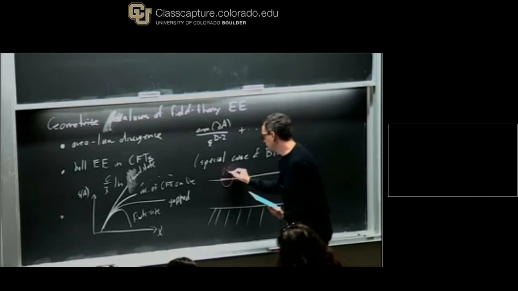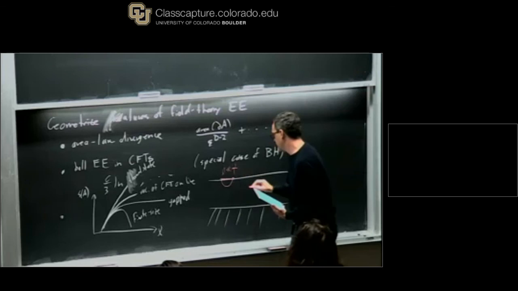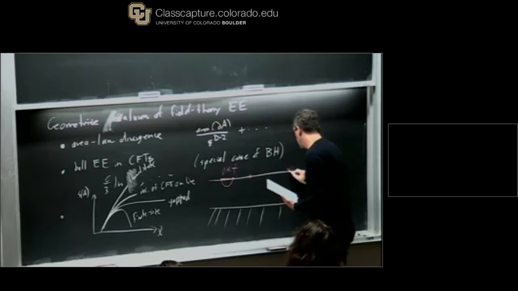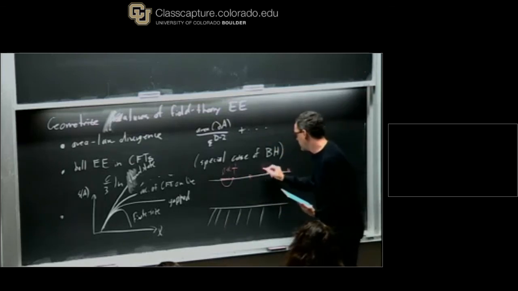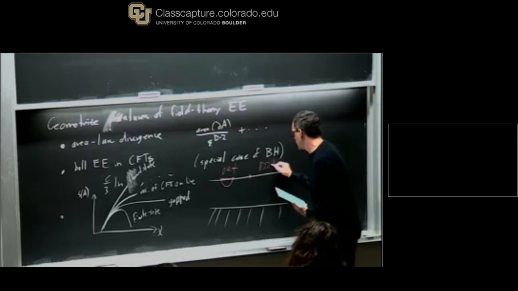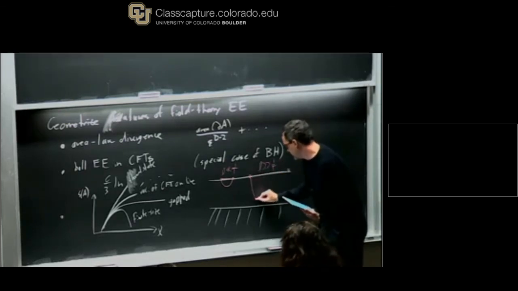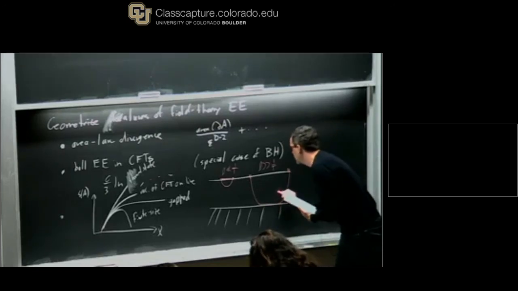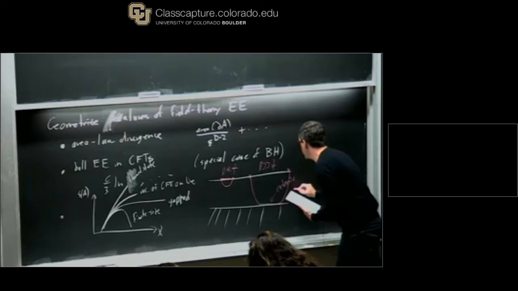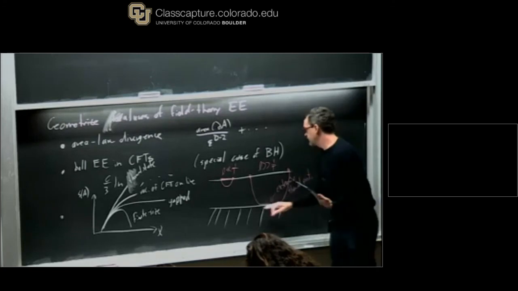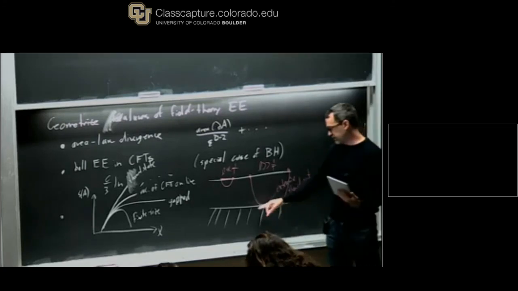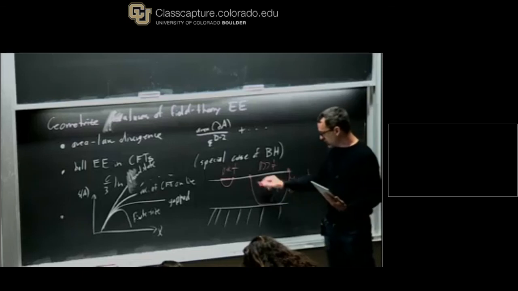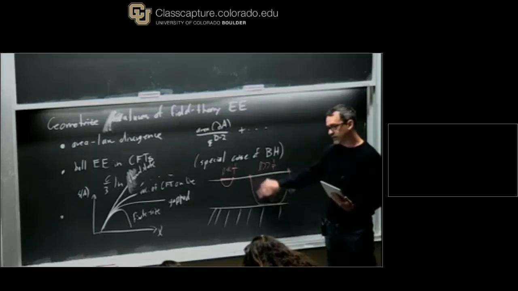So this is L much less than 1 over T. But if it's large, then it goes down and hugs the horizon. And so you get this extensive thermal entropy from a piece of the minimal surface that hugs the horizon. So you get a little bit of Bekenstein-Hawking plus some entanglement, basically.